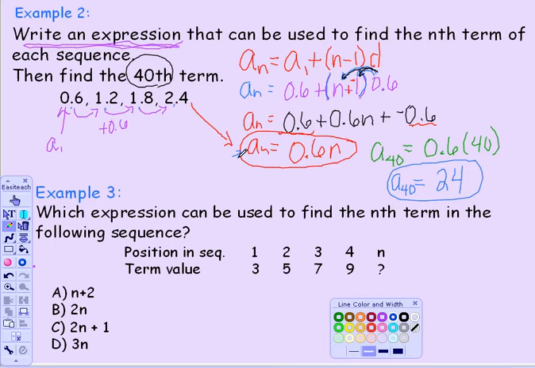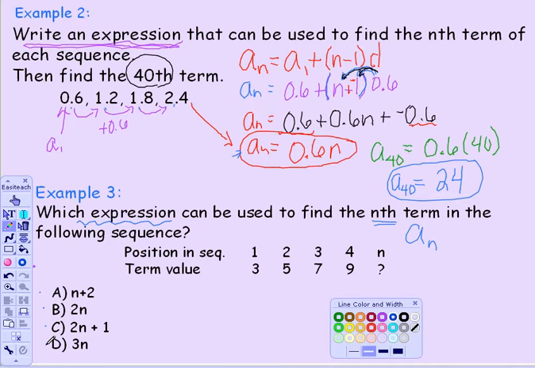In example 3, we're going to find which expression can be used to find the nth term in the following sequence. So again, we're finding that expression with the nth term. So we're going to find our a sub n equation again. So we've got a choice of 4 different equations over here. We're going to find which of these equations would work in this specific example.